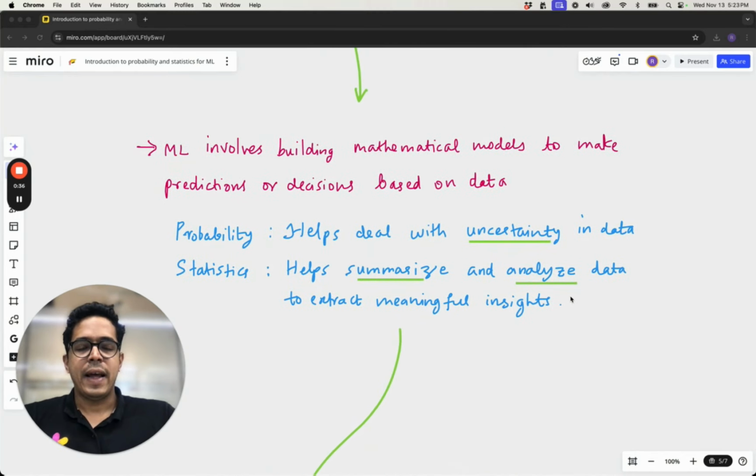So first of all, ML, as you might have probably realized, involves a lot of probability and statistics because you are building mathematical models to make predictions based on the available data. Sometimes you have to take decisions based on this. An example of a decision is, let's say you have an AI based spam email classifier.